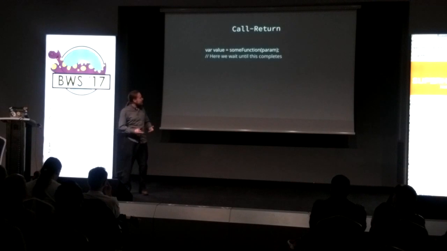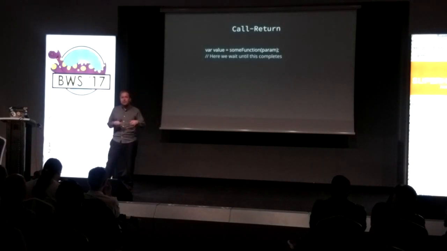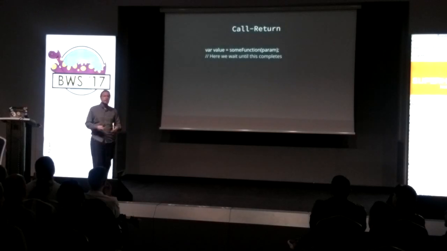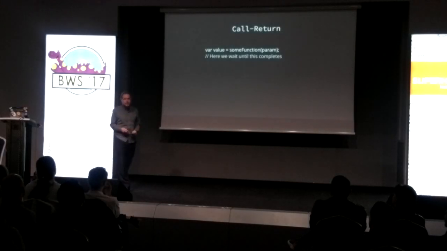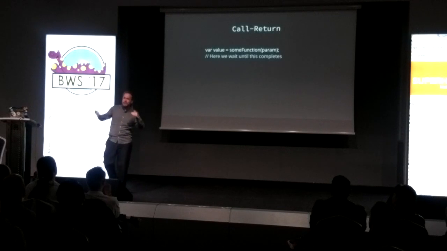the flow of the program is such that when you make some sort of function call, let's say you're reading from a database, or saving a file, or requesting some external web service, the execution of your program basically stops until the response comes back.